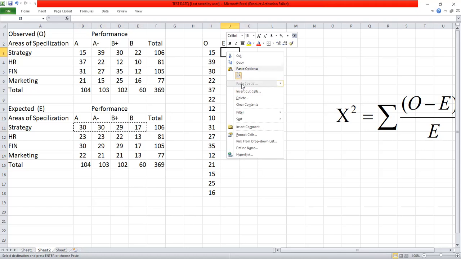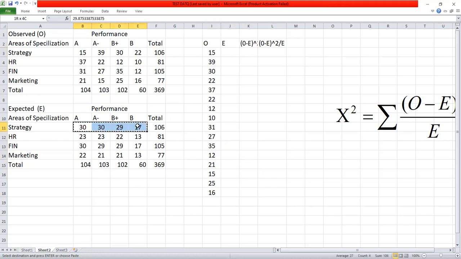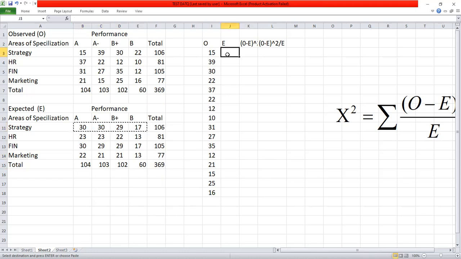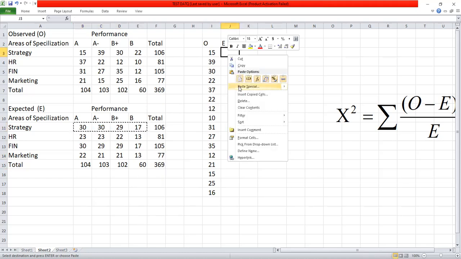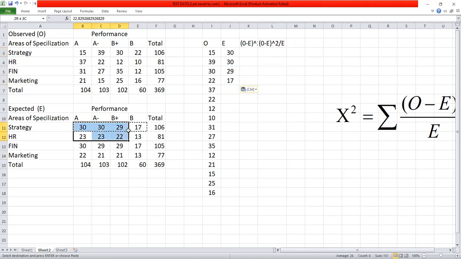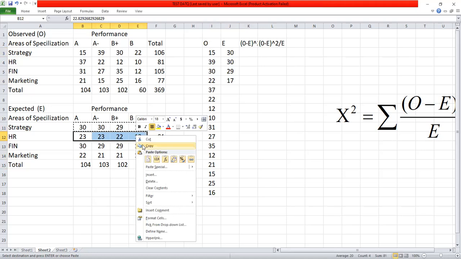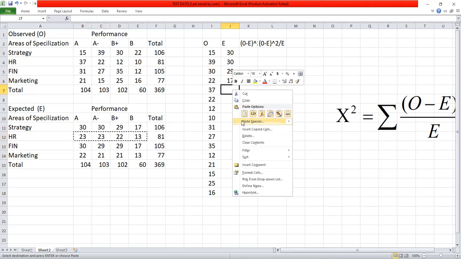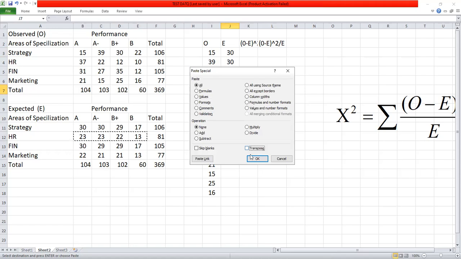Now, what do I do? I bring it here so that I can calculate my chi-square test statistic easily. I also do here, and that corresponds to that, corresponds to this.